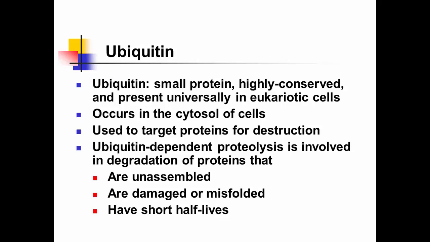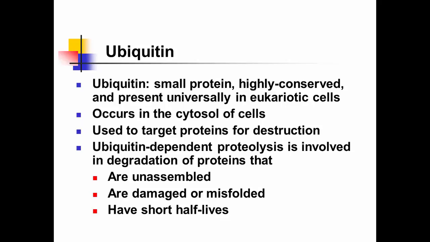So now let's talk about ubiquitin. Ubiquitin is a small protein. It's highly conserved and present in almost any type of cells, right? So any type of cells have ubiquitin. And ubiquitin is present in the cytosol of the cells.